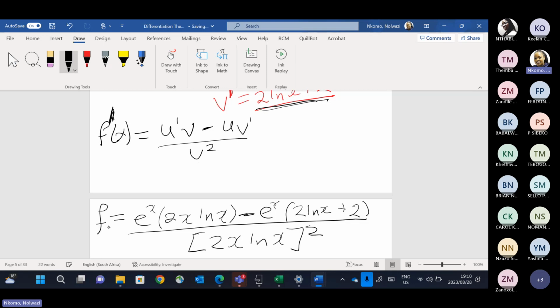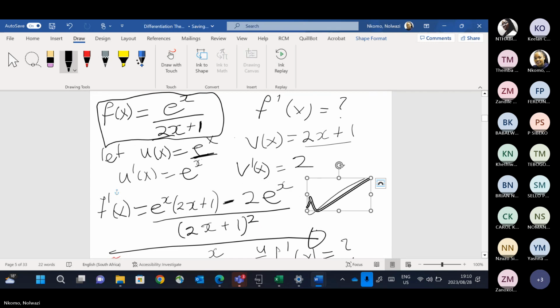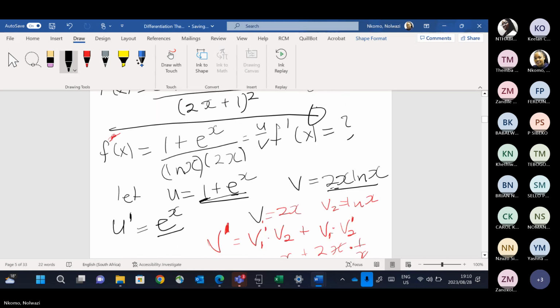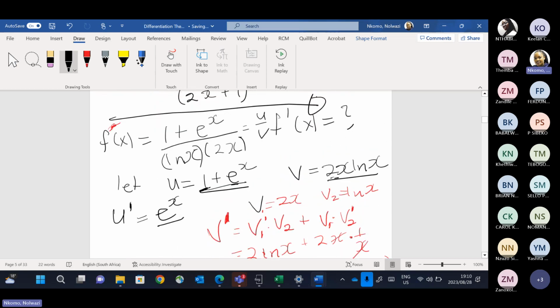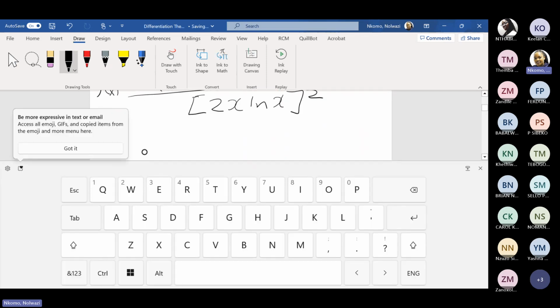This would be your f prime at x. If you are given this function as your f at x, then that should be your f prime x.